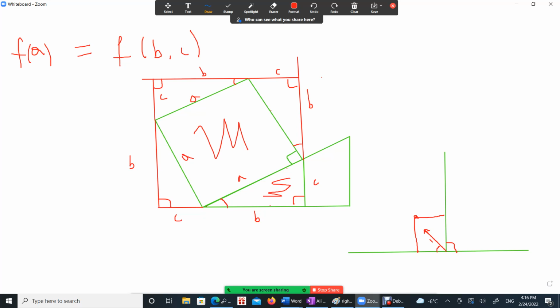Because the area of this triangle could be based on B and C, and the area of this square is considered upon A. The main purpose is to find the relationship between A, B, and C. So how could these sides be related through a right triangle?